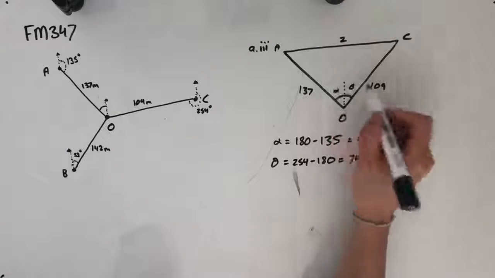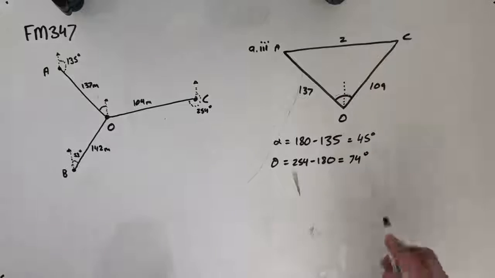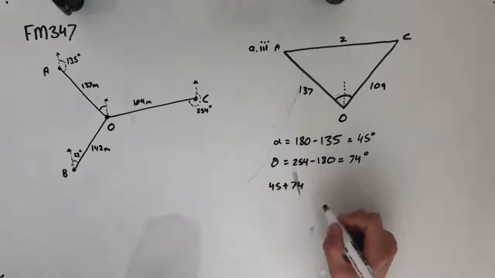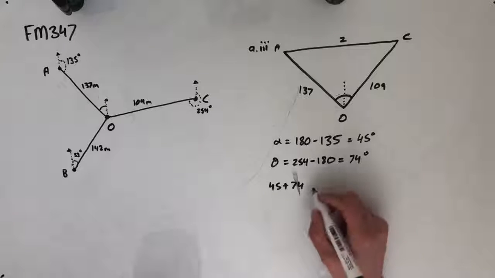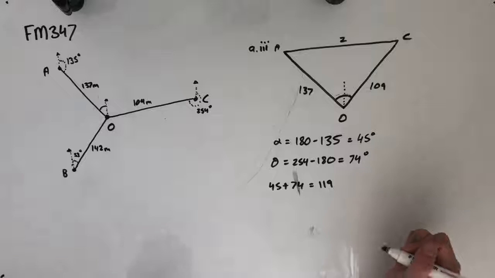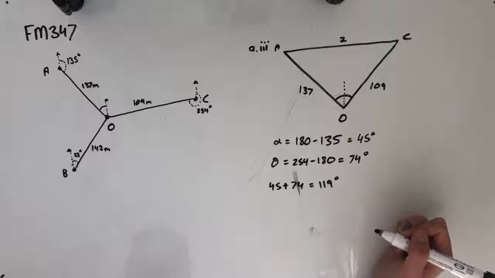Adding these two angles together should give us the total angle. So if we add 45 and 74, we should get 119. Awesome. So we got 119 degrees there.